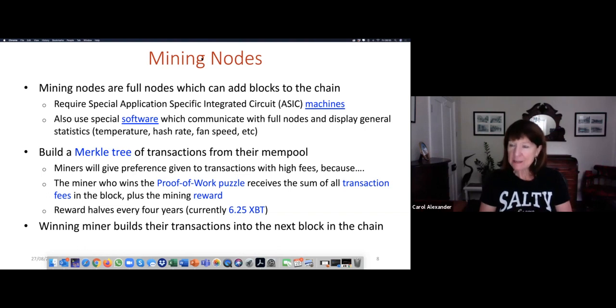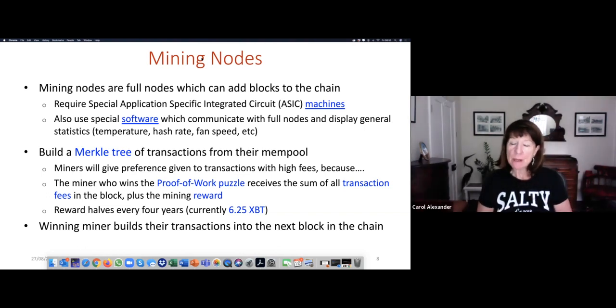They pick transactions out of the memory pool, particularly those that have got high fees, because if they win the proof of work puzzle, then they get the fees in the block, the sum of all the fees over all transactions in the block, plus something called the mining reward, which is currently 6.25 Bitcoin.